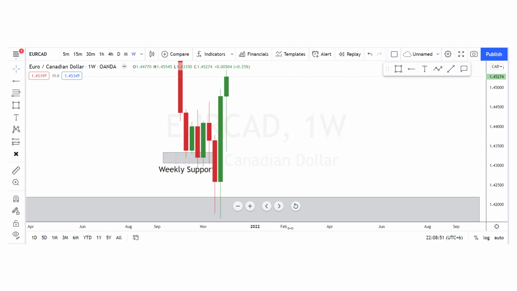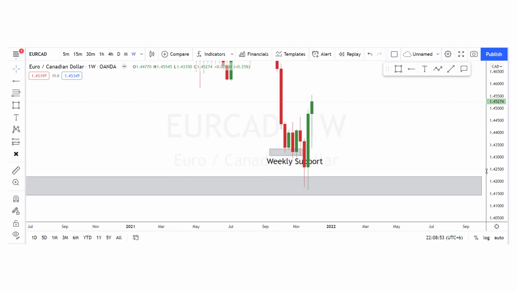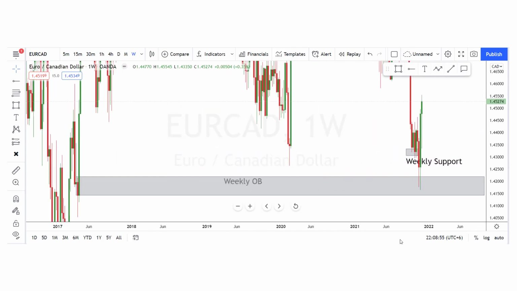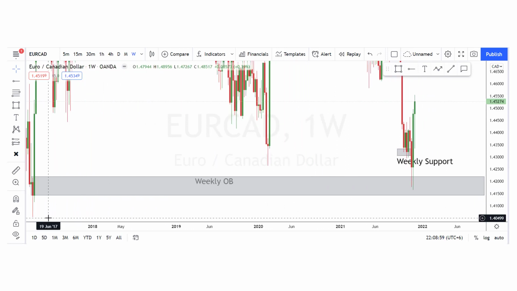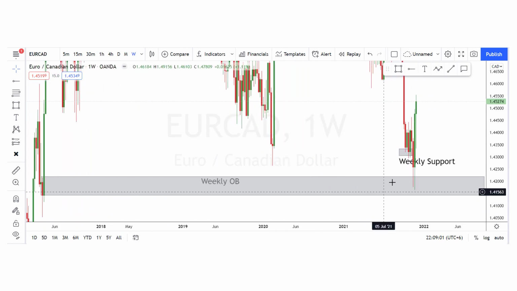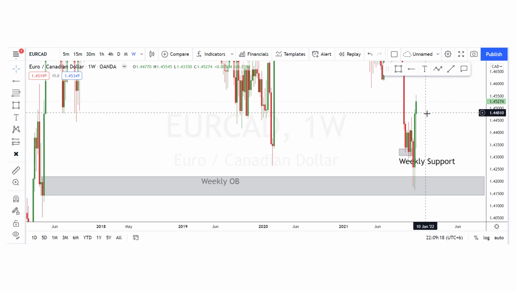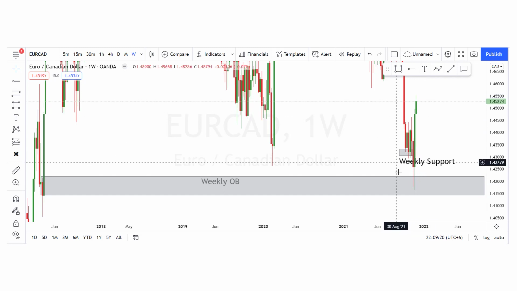The answer lies in a weekly order block that is right here, and this candle touched this order block and then gave a bullish move from here. The only reason this candle broke the low of the SL grabbing candle was to fulfill its target right here, and then it gave a bullish movement.